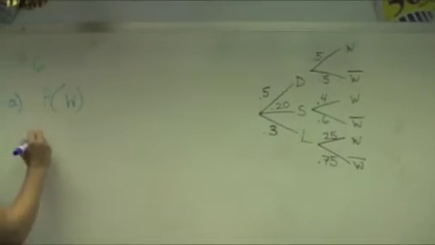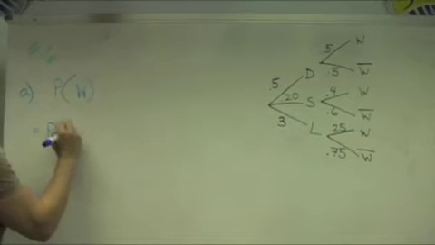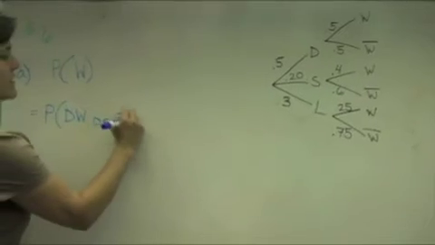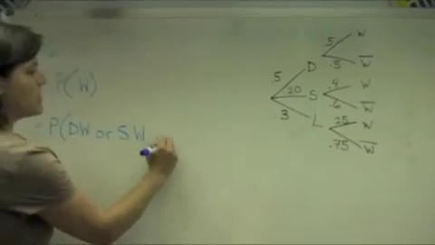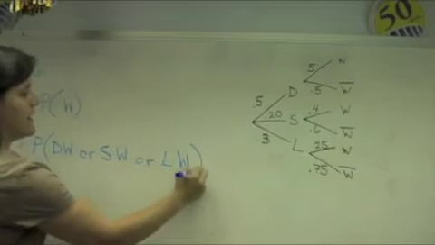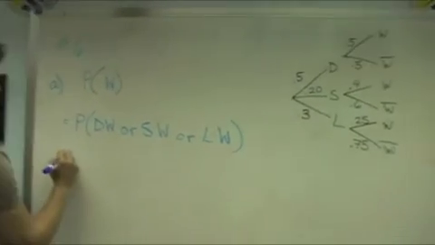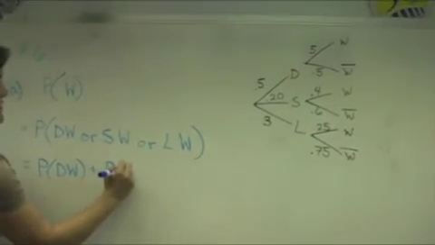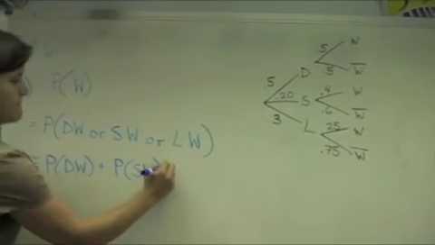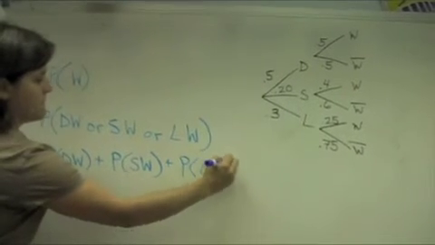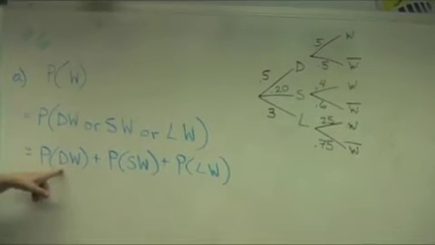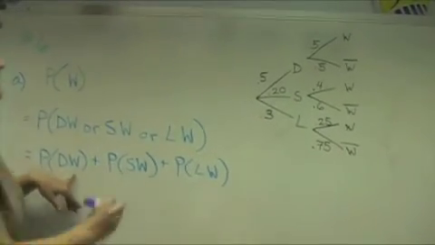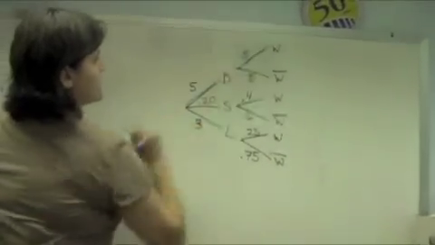So this actually means either the car was made in Detroit and is white, or the car was made in Seattle and is white, or the car was made in LA and is white. So breaking that down again, when you get or in probability, that signifies an addition problem. And now, looking at which paths represent these events, Detroit and white is here.